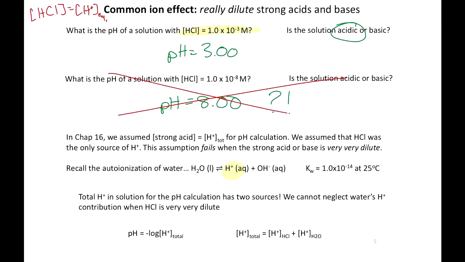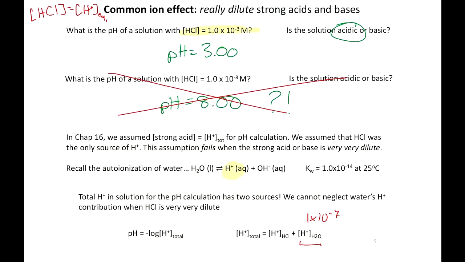Yeah, 7. So that means neutral water has what concentration of H plus? 1 times 10 to the negative 7, all right? So when we look here, HCl contributes 1 times 10 to the negative 8 H plus. See how these 2 numbers are similar? So when these 2 numbers are similar, we can't actually ignore water's contribution.